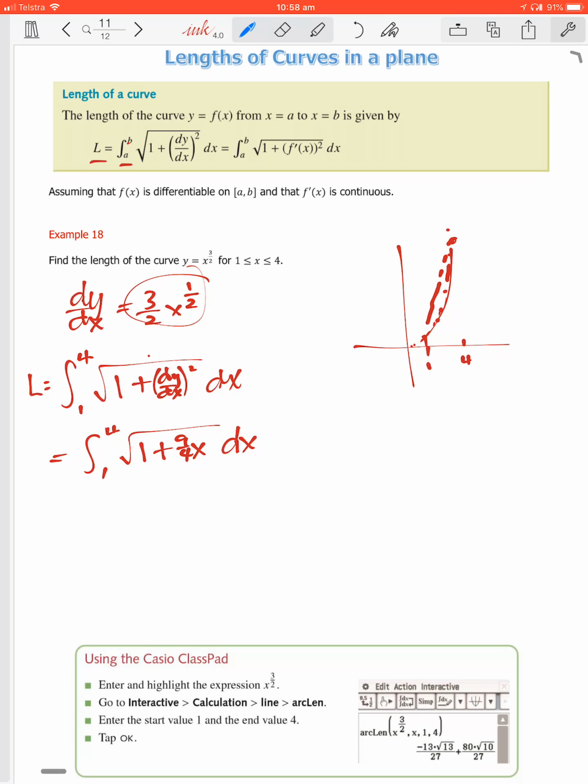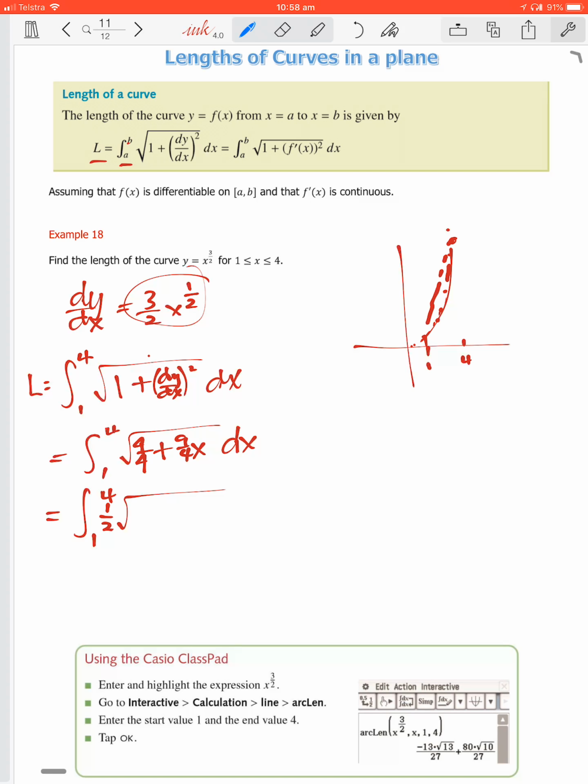Okay, what are we going to do here to integrate this thing? We could take out 4 as a common factor. If I took out a 4 as a common factor, I would end up with a half when I take it outside, and if I put a 4 on the bottom, I get a 4 on the top.